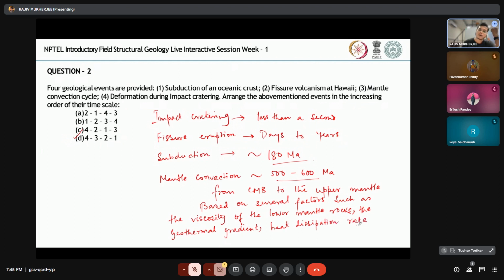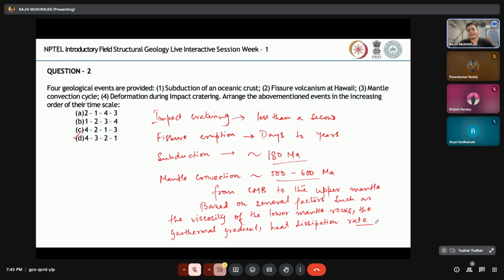So there are also many other thermomechanical parameters that actually govern these cycles, but on a broader aspect, we can say that these are the primary factors that govern the rate at which the convection cycle goes on, and it easily takes this much amount of years, and that's how the convections operate.